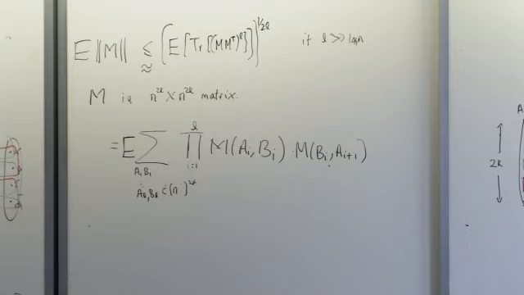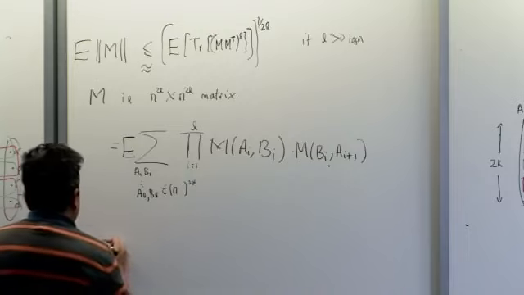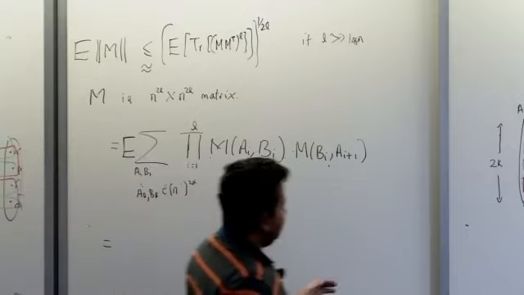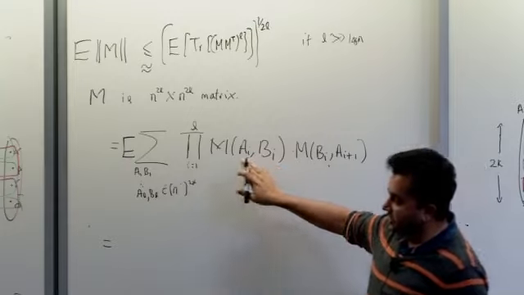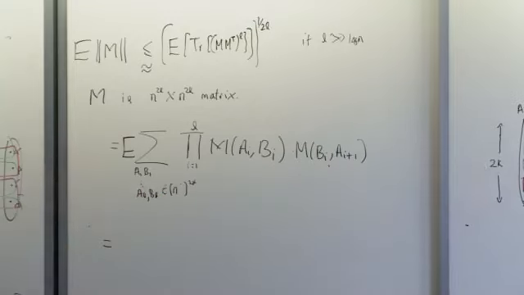Now, what's the main thing? How does this look? I can write M itself as a polynomial in the T's. Every entry of M is a polynomial in the T's.